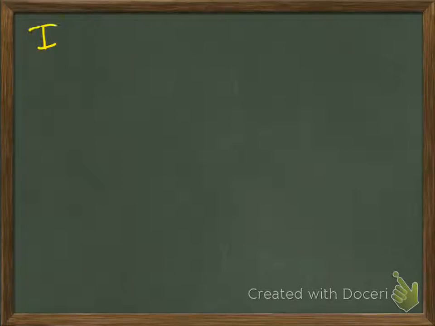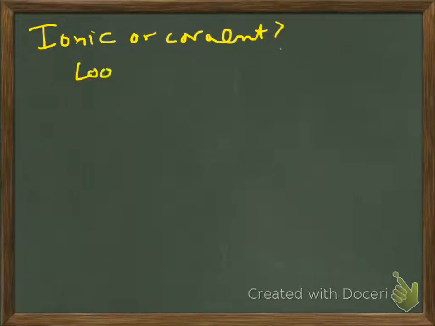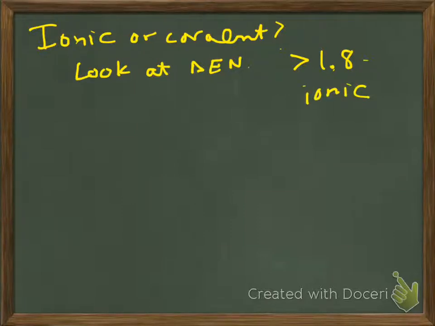How do we determine if a bond is ionic or covalent? You can look at the difference in electronegativity. There's a table in your data booklet of electronegativities. If that difference is greater than 1.8, it is said to have much more ionic character than covalent.